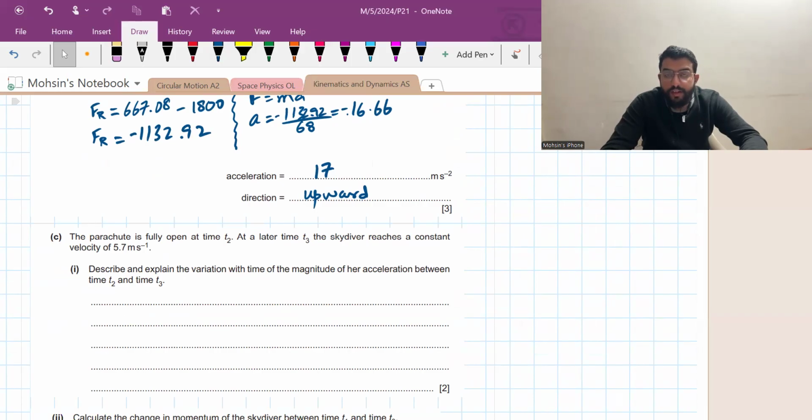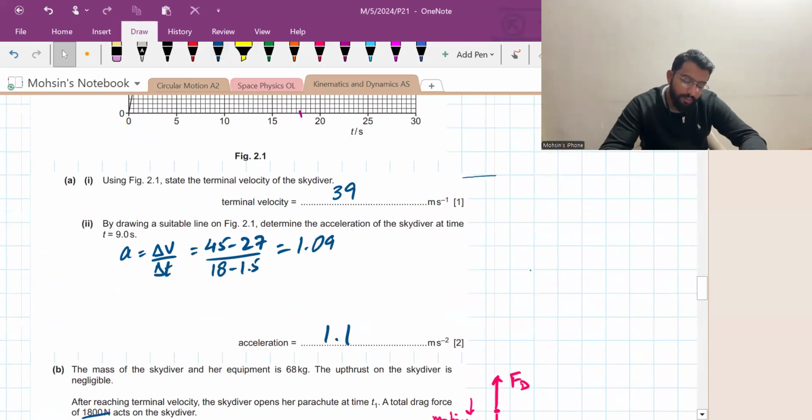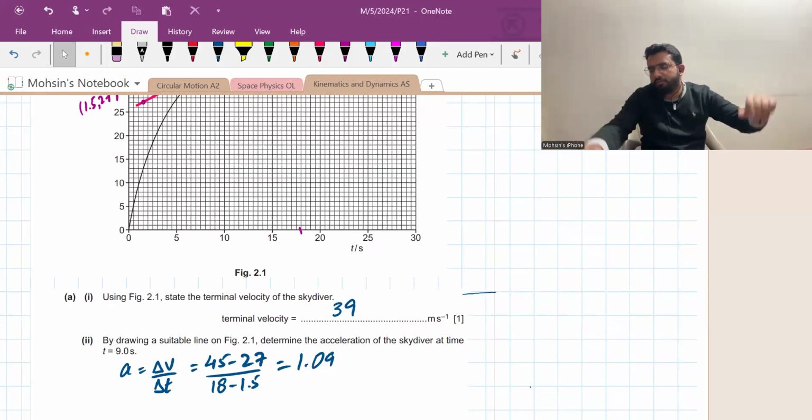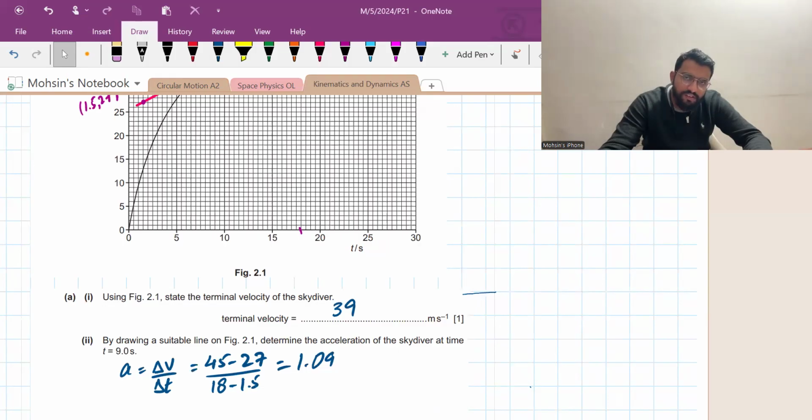At a later time t3, the skydiver reaches a constant velocity of 5.7. Like we know, initially the terminal velocity was 39, but after reaching 39, the skydiver basically opens up the parachute. Due to the larger surface area of the parachute, the air resistance increases, the drag force increases, which decelerates the skydiver.